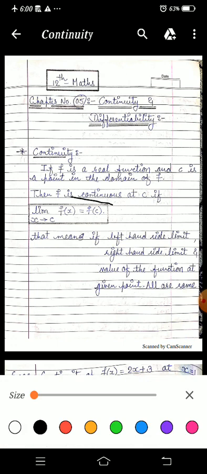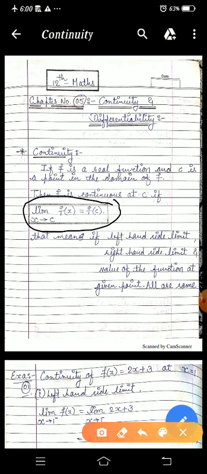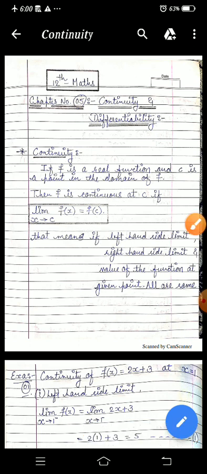This is the main condition for any function to be continuous at that given point. Here that given point is c. That means, as we have studied in 11th Science also, the left hand side limit at that given point, the right hand side limit at that given point, and the value of that function at the given point. If all these three values are equal, then we can say that the given function is continuous at that given point.